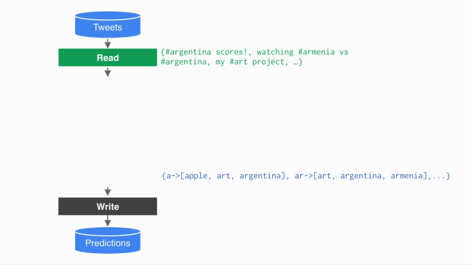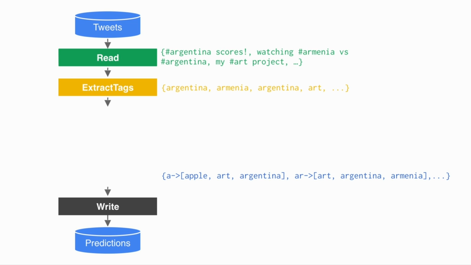You know, Argentina scores, Armenia versus Argentina, which is not a real game, by the way, my art project. And for reference, I put down the models that I actually want to write out here, so I know where I'm going as I'm building up my pipeline. So I want these prefix models. I want models that map every prefix to a list of suggestions.